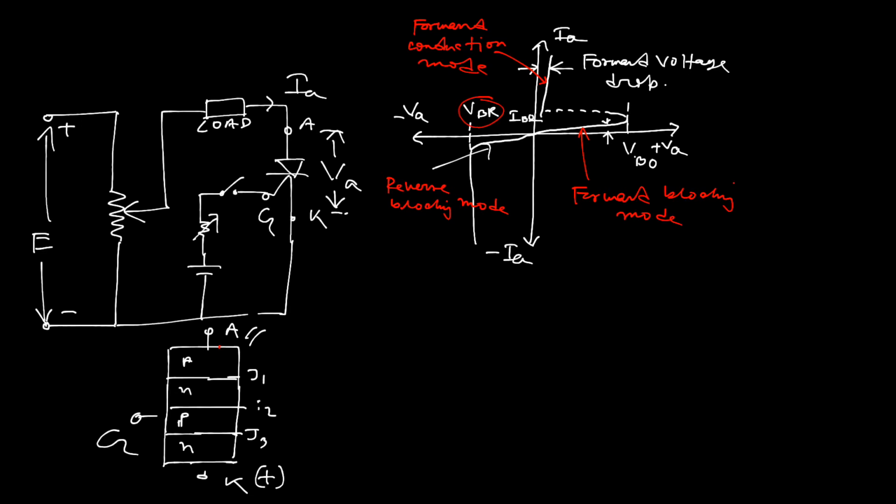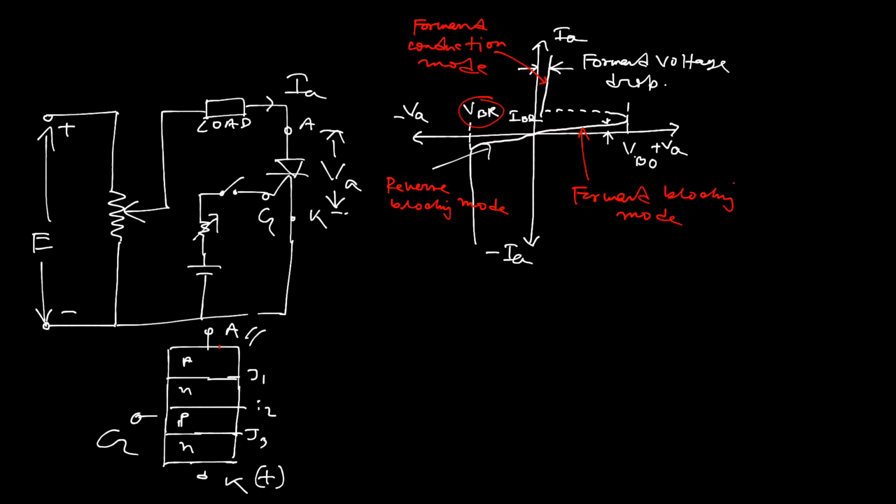Okay, but what happens? Suppose when the thyristor is just turned on and we reduce the anode voltage or biasing, then the thyristor can be switched off immediately. That means the thyristor is not properly in the conduction state.